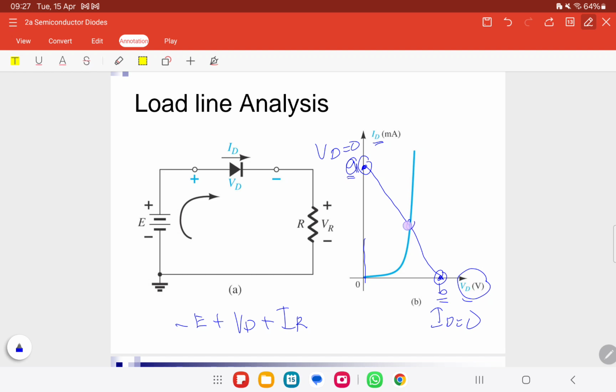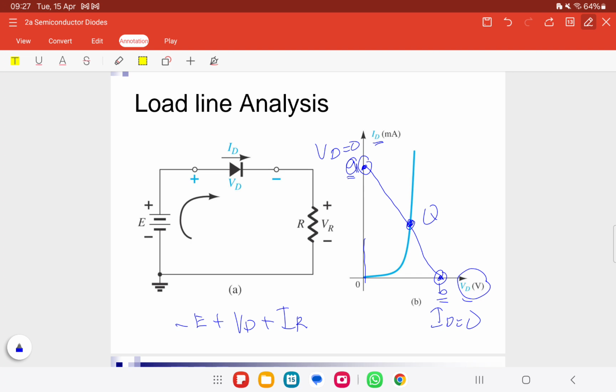Now we want to get the intercept here. The intercept we call the Q point. The Q point is very important because we want to get the optimal point. Let's say you are an analysis engineer and you have one component with its datasheet.